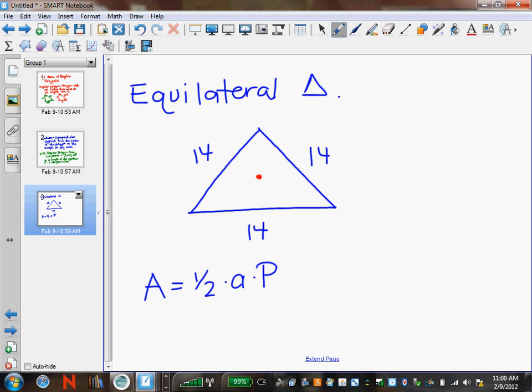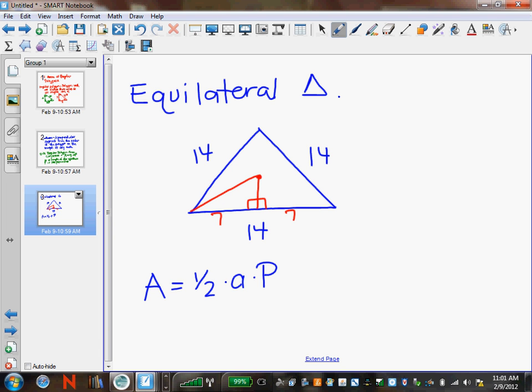Okay, so I am going to draw in the apothem. It is perpendicular to the midpoint of the side, so I just made two lengths of 7. I need to find this apothem length. So I'm going to go ahead and draw in a right triangle.